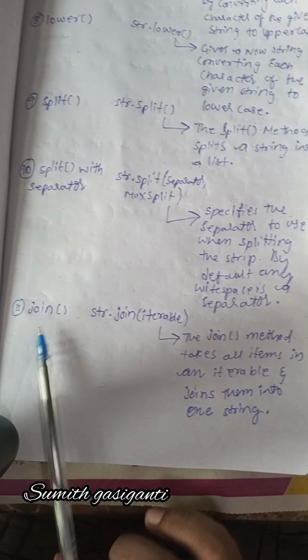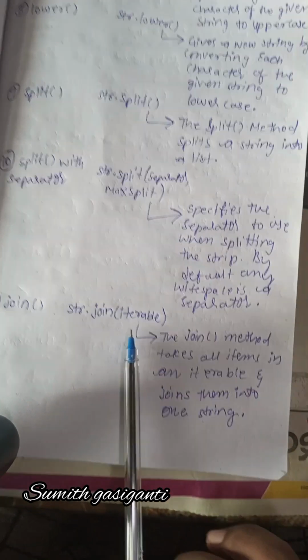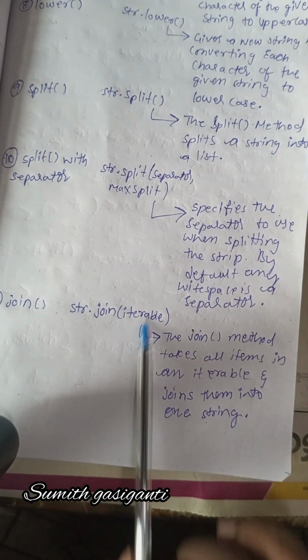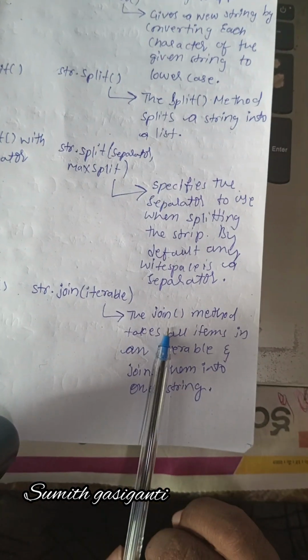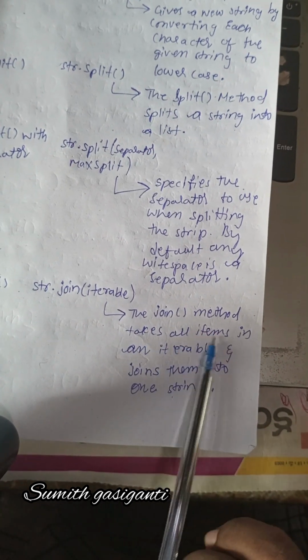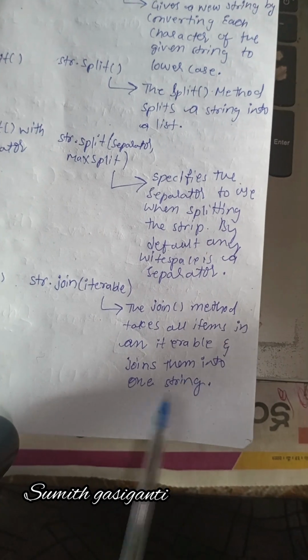Next, coming to join. The syntax is str.join(iterable). What is the use of this? The join method takes all items in an iterable and joins them into one string.